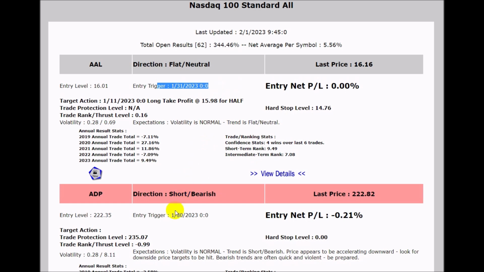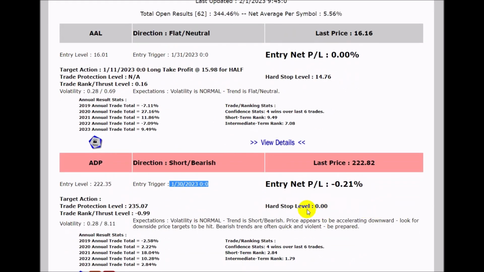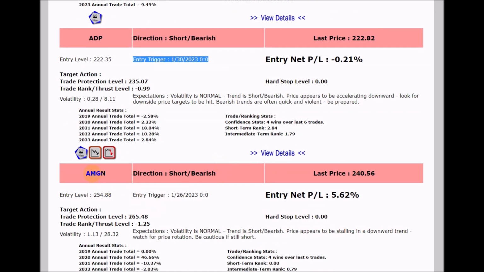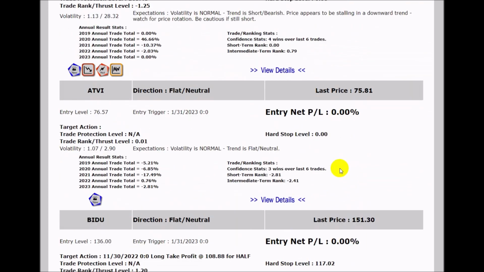So here's the newest triggers right here. ADP short from yesterday, 222.35, 222.82, still a brand new trigger. You can see how consistent the system has been over the years. This is a valid short trigger right now. We'll see how it plays out. AMGN, a trigger from a few days ago. It's up 5.62%. I wouldn't chase it.